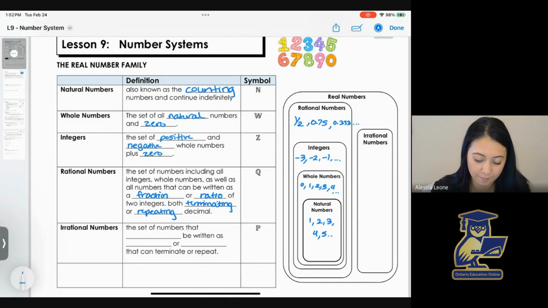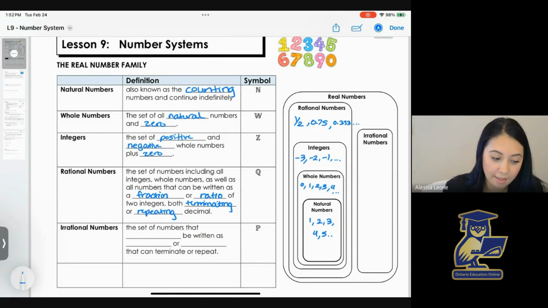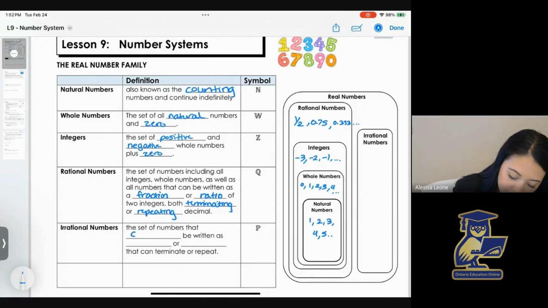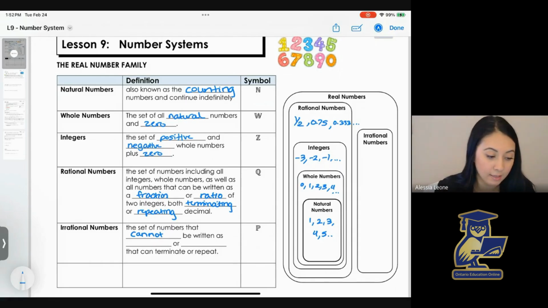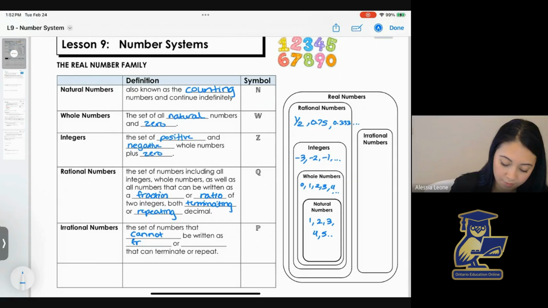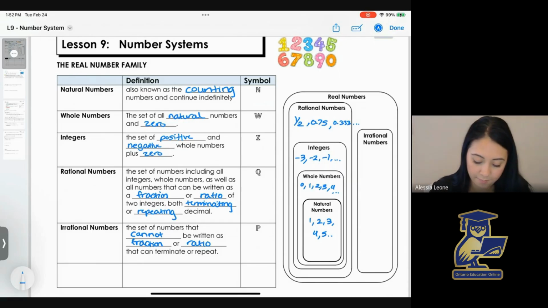Irrational numbers. The set of numbers that cannot be written as a fraction and cannot be written as a ratio, that can terminate or repeat.